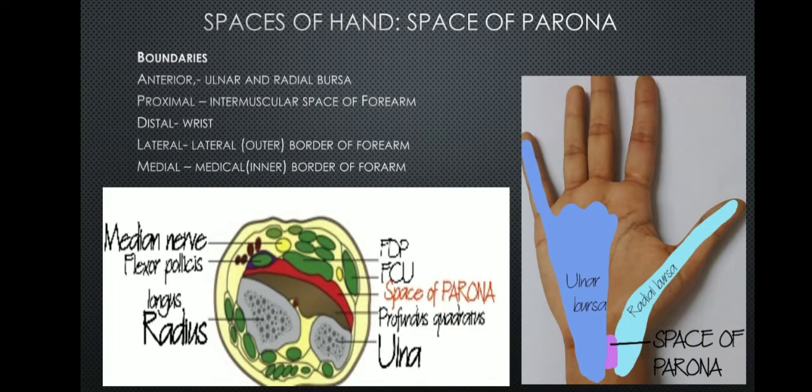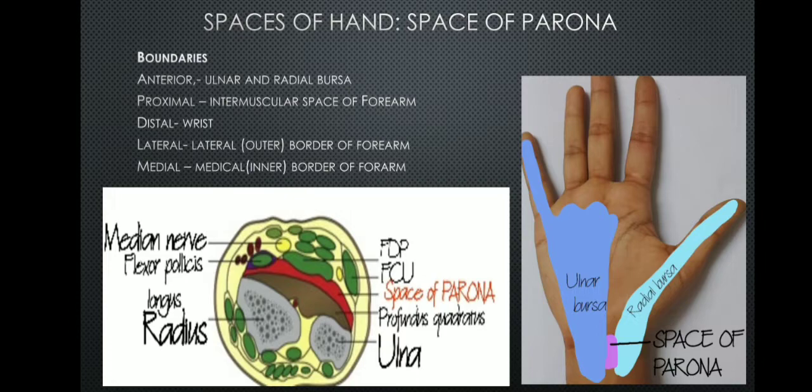phalanges. Now moving on to the space of Parona, or the forearm space of Parona. It is a rectangular space situated deep to the lower part of the forearm, just above the wrist bones or carpal bones. It lies in front of the pronator quadratus muscle, which helps in pronation of the forearm, and deep to the flexor tendons.